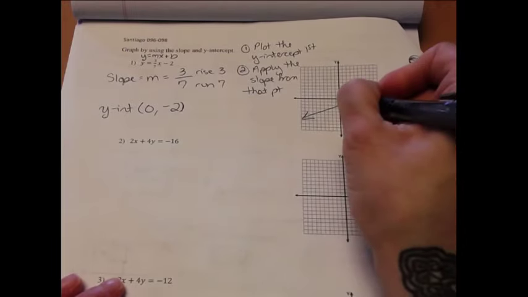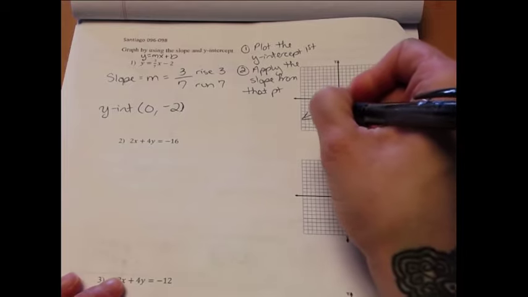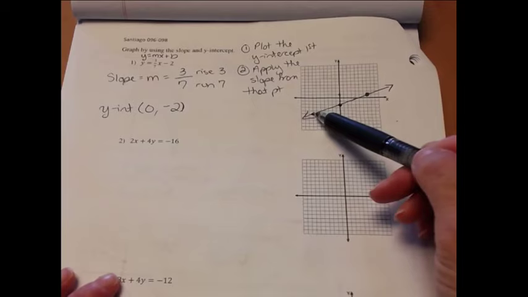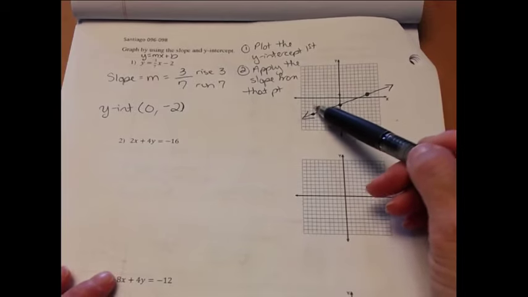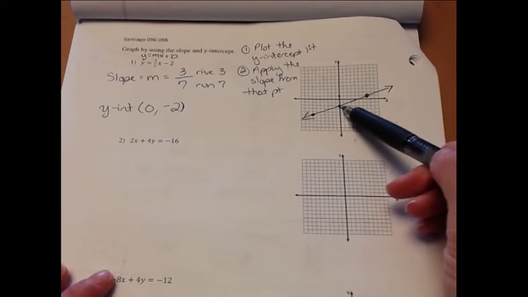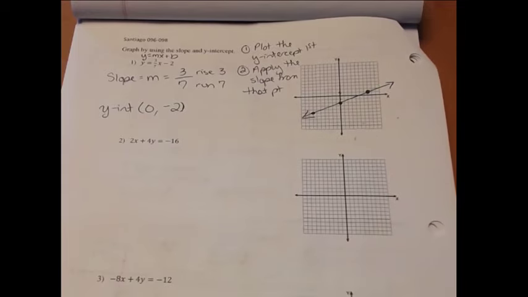So if we wanted to, 1, 2, 3, 1, 2, 3, 4, 5, 6, 7, there's another point on the line, and we can test it. So from here, we can go up 1, 2, 3 and run 1, 2, 3, 4, 5, 6, 7. Bam, we found our next point. Up 3 over 7, we found our next point. So yes, Hyder, you're totally correct. Just be careful as you do this.